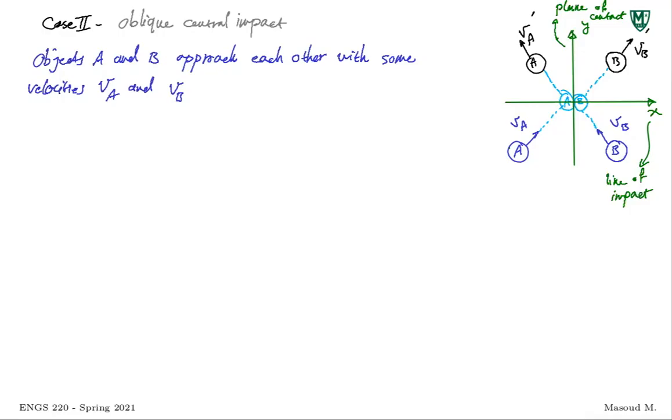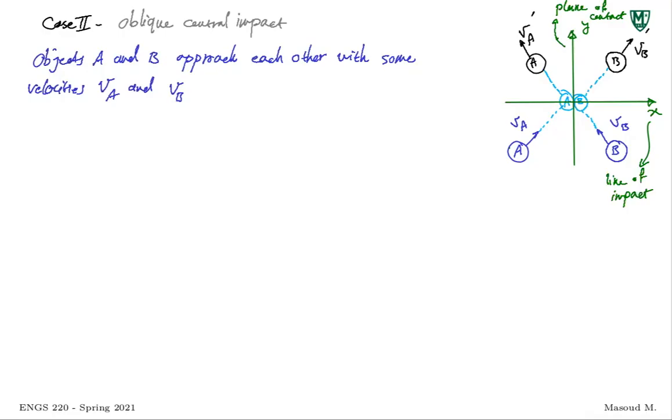So the forces they exert on each other during this impact are parallel to the X-axis. And these are just objects, but if you think about them as rigid bodies with some center of mass, these forces are pointed towards their center of mass.